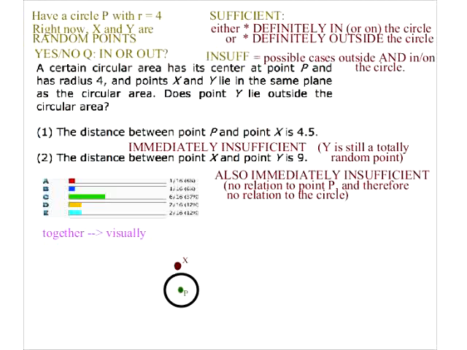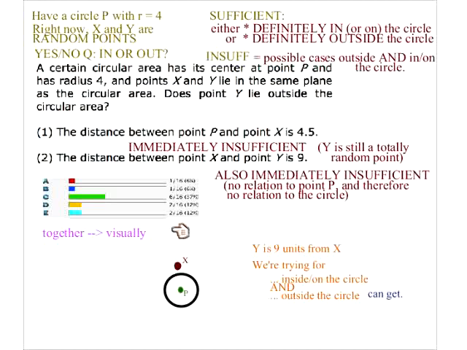So Y is 9 units from X, and we're trying for inside the circle or on, and outside the circle. If we can get both of these, then it's insufficient, but if we can't, then it's sufficient.